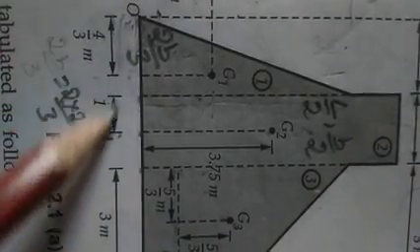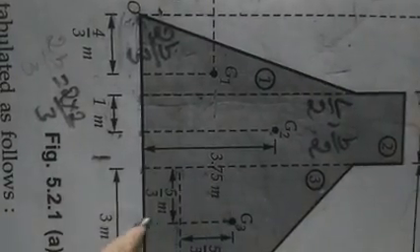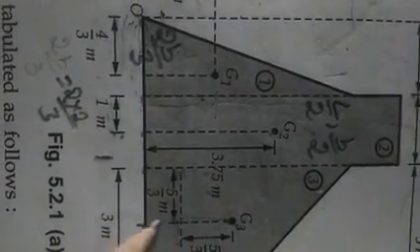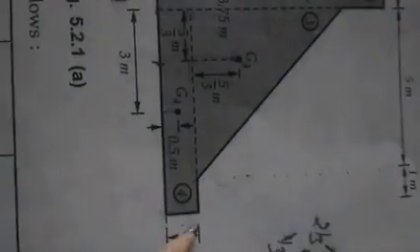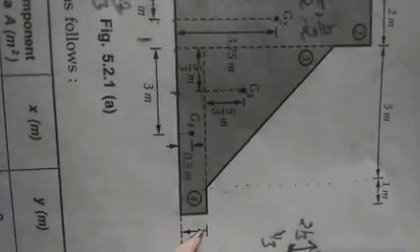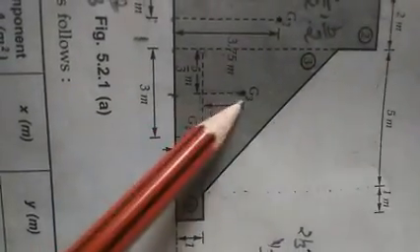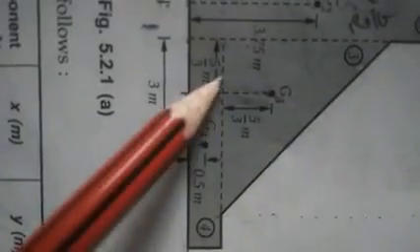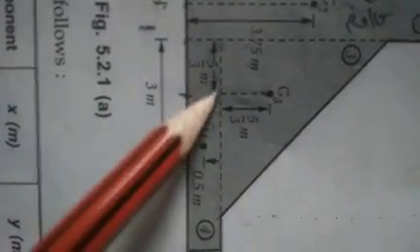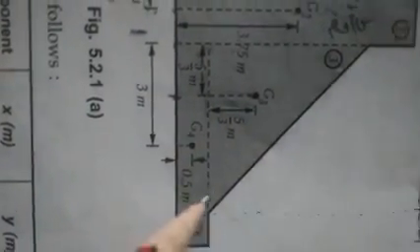So we need the complete x distance from here to here, and from here to here at the bottom. Here the length 1 meter we know, but we need to find only this length. So we will find this length and this length, that's all. No need to find it from here to here, it is useless.